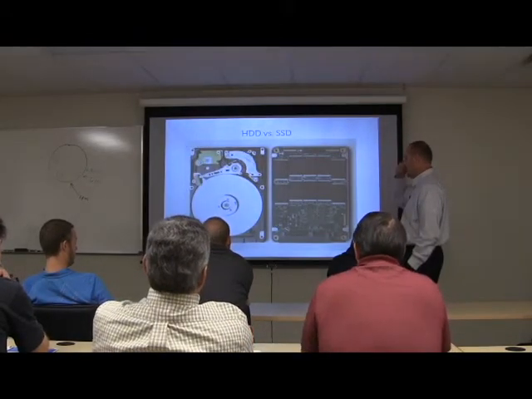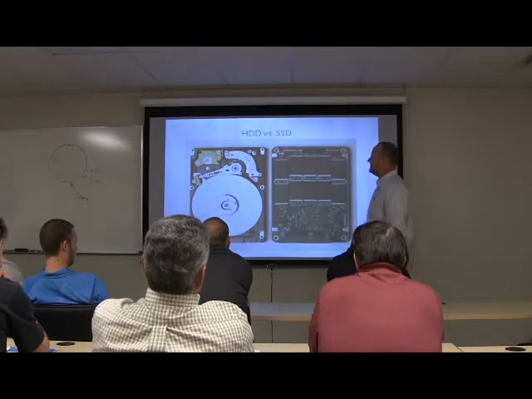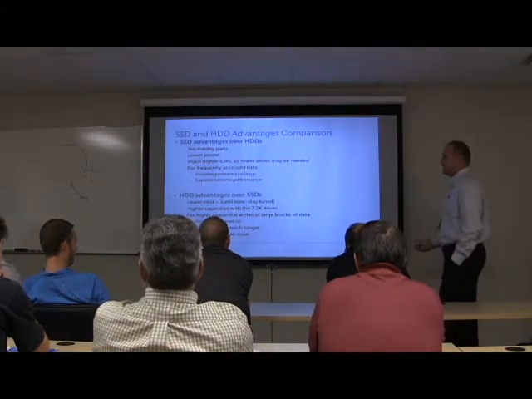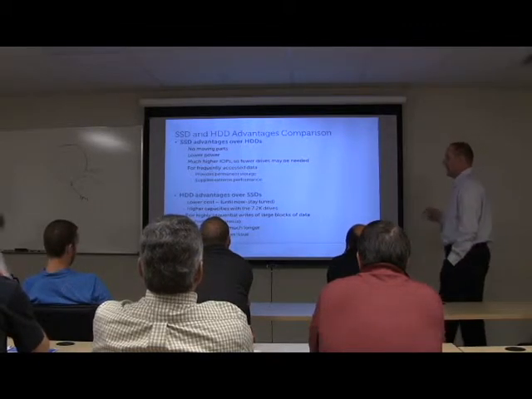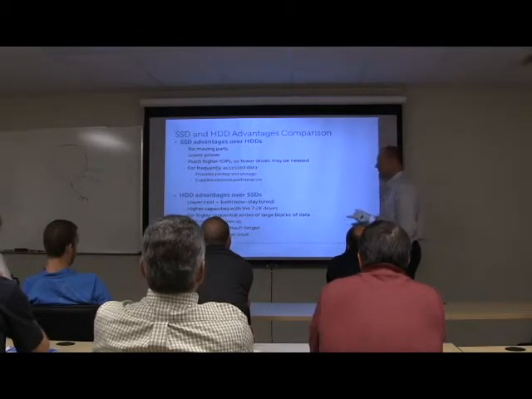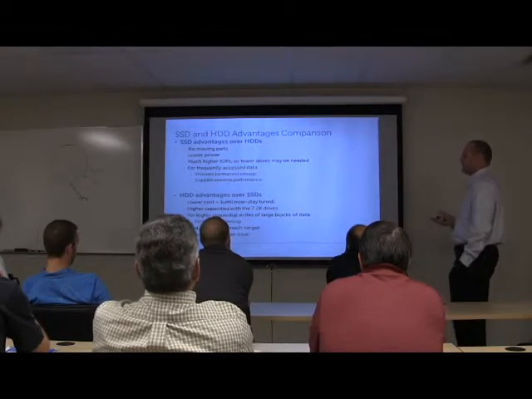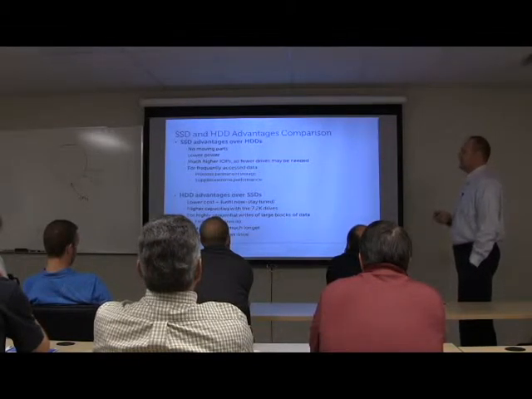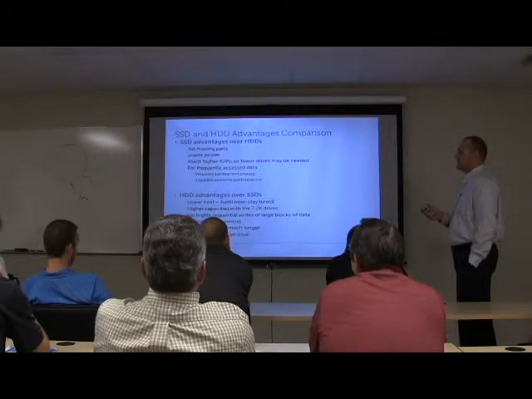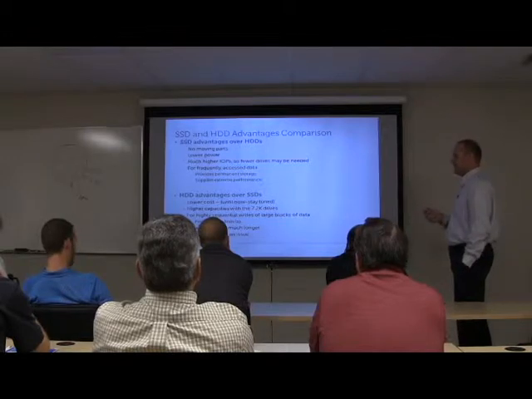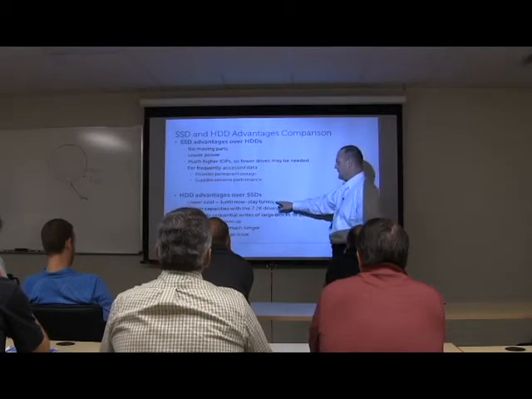This is what they look like. Bunch of moving parts, no moving parts. The advantages and comparisons: SSD's advantages over hard disk drives are no moving parts, lower power, and much higher IOPS, so fewer drives are needed. The hard disk drive advantage over the SSDs is a lower cost until now, and we'll talk about that.